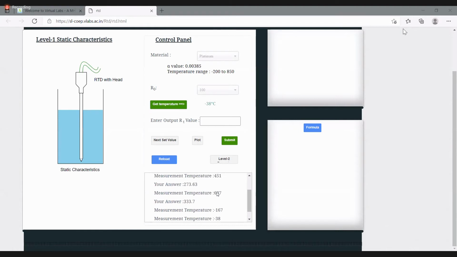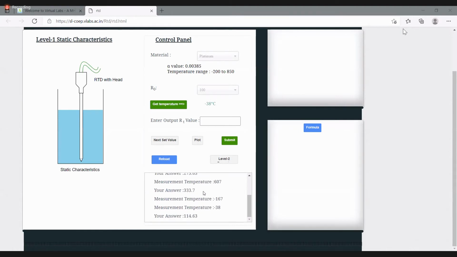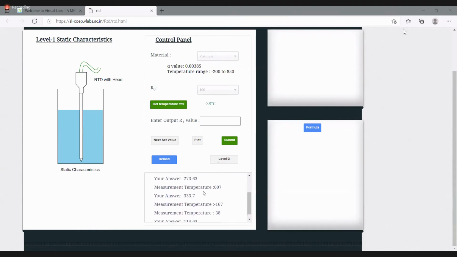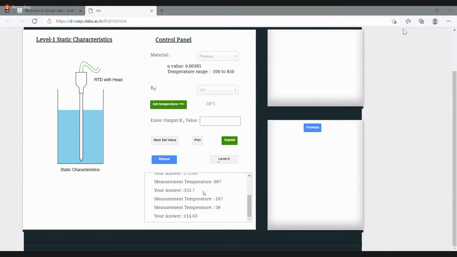Now you have to calculate for minus 38 degrees, then you can plot. Substitute values for minus 38 degrees, 49. Then show me the plot.